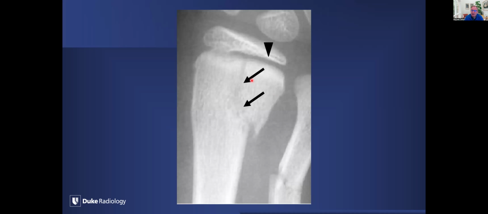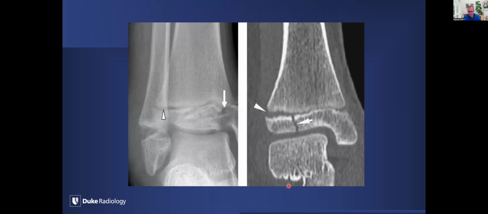So here's our Salter-Harris type 2 fracture. We've got a fracture through the metaphysis, which extends to the growth plate. If you notice here, we've also got a fracture of the distal ulna. Okay, so here we've got our radiograph, which looks a little bit strange.